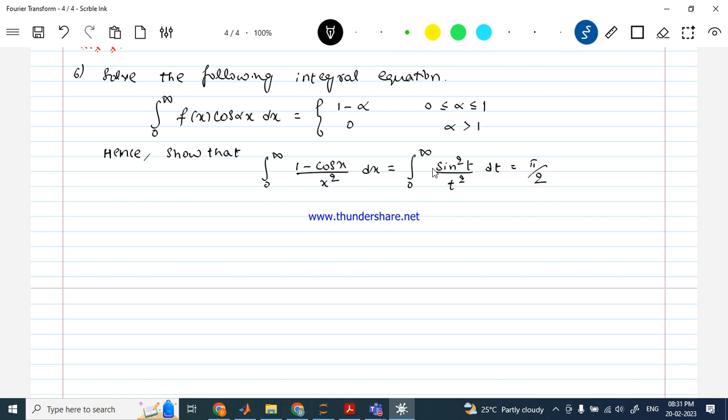So the value of this integral or this integral is pi by 2. Through this example we are establishing that. This is a known fact. Once again, it's a known fact. We are establishing that through this example.